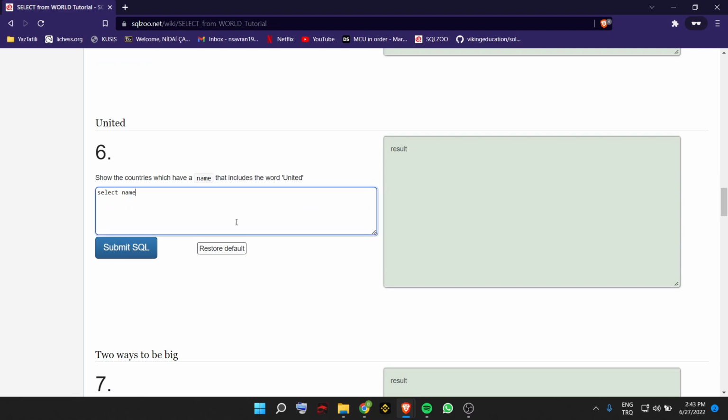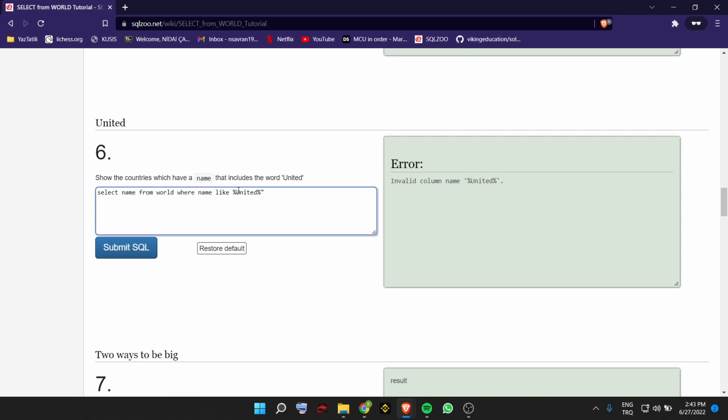Show the countries which have a name that includes the word United. We will select name from world, where name LIKE, since it asks us to find the countries which have a name including United. So there's something in the middle, there's something, United, in between, and there's something in the end.